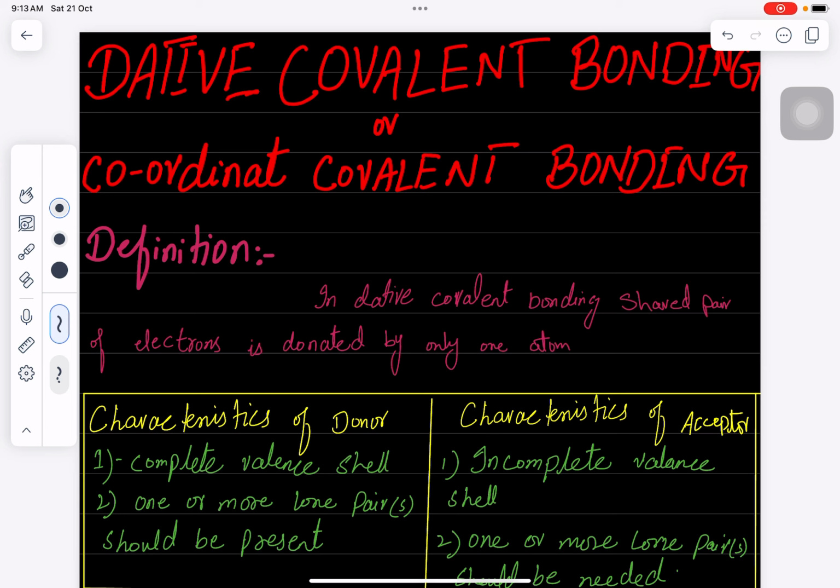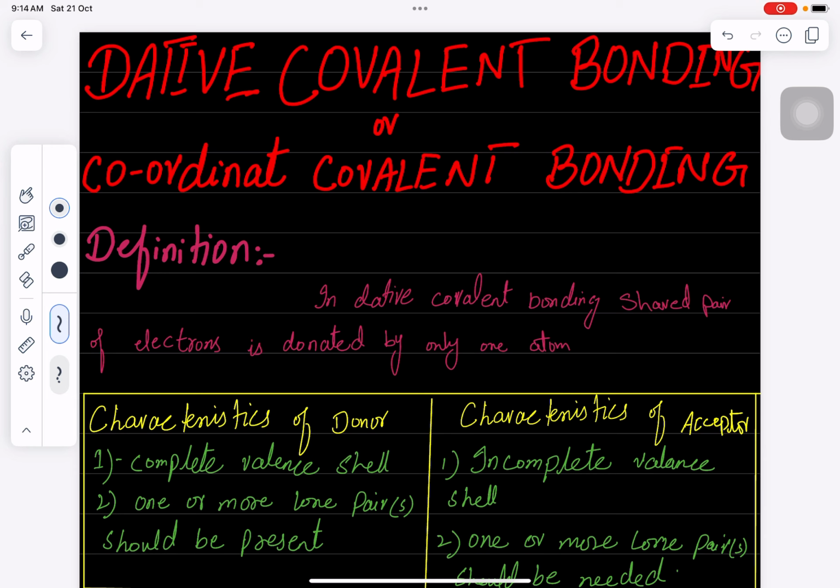In dative covalent bonding, the shared pair of electrons is donated by only one atom. Okay, this is the important thing. As we studied in ionic bonding, electrons are transferred from one atom to the other atom. In covalent bonding, a pair of electrons is shared from both atoms, one electron from one atom and the second electron from the other atom.